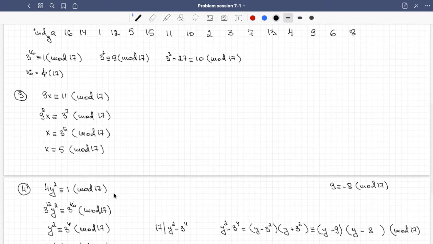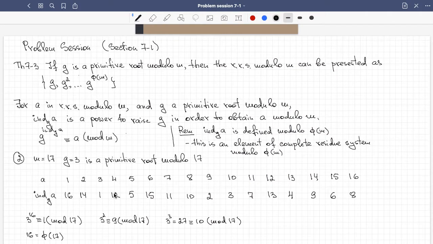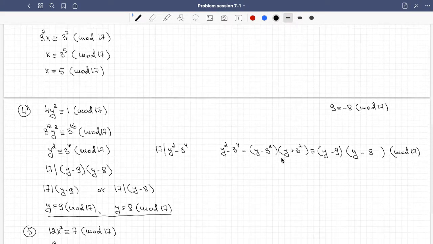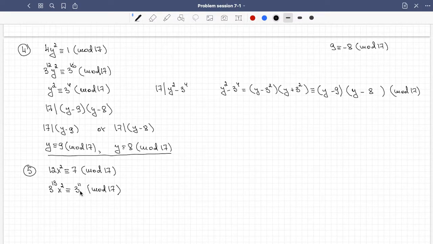It is not really a number, but an element of a complete residue system modulo phi of m. So instead of this 11, we easily can write 11 plus 16.